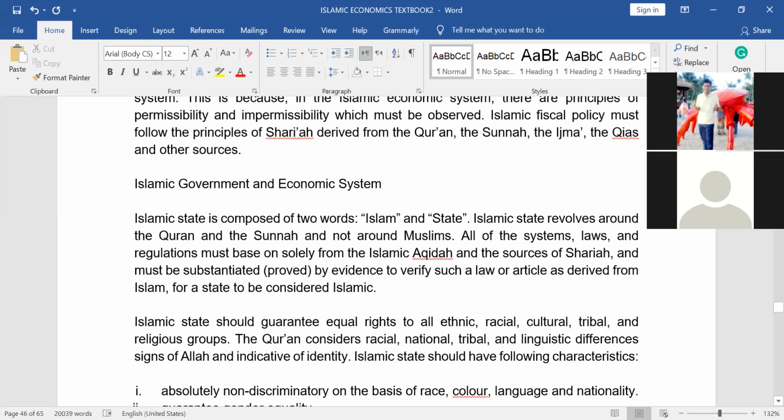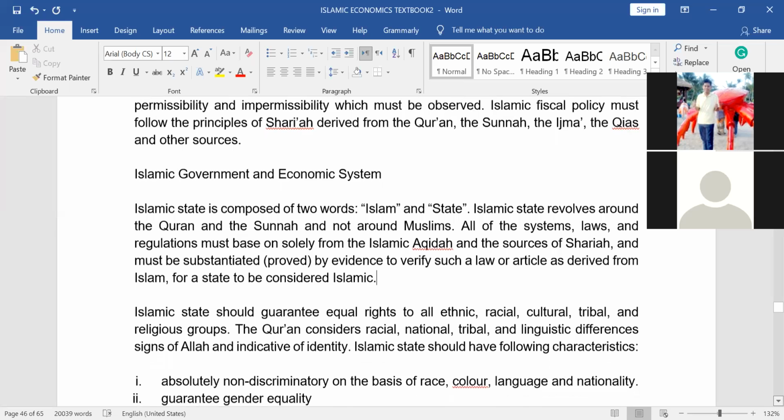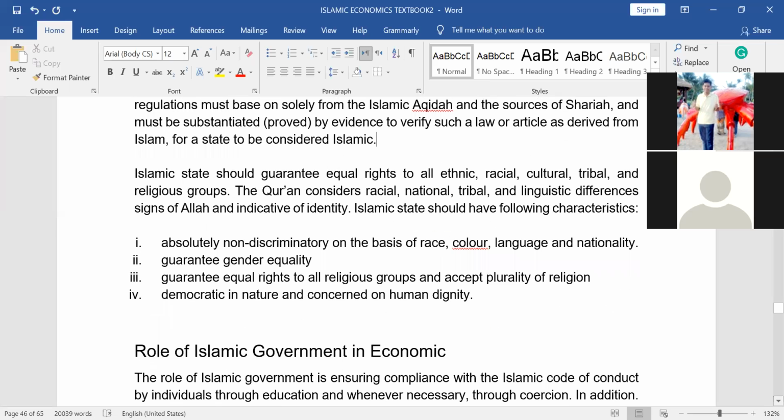So the Islamic State should have the following characteristics: absolutely non-discriminatory on the basis of race, color, language, and nationality.